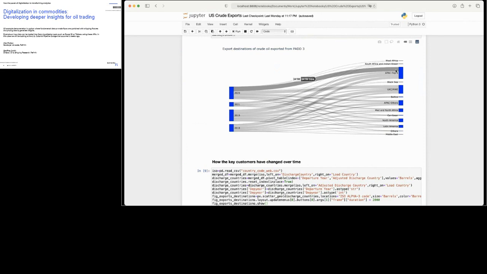In 2020, these 4 countries imported 340 million barrels of US crude. And the second largest destination for US crude is now Northwestern Europe, which in 2020 imported 250 million barrels of US crude oil.